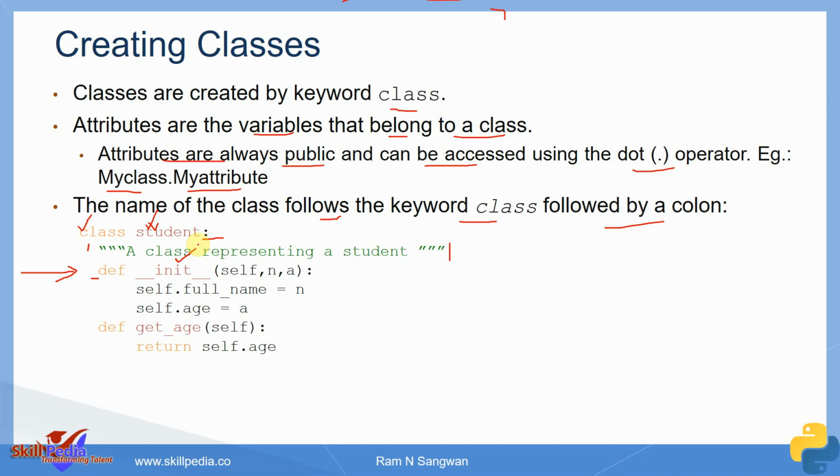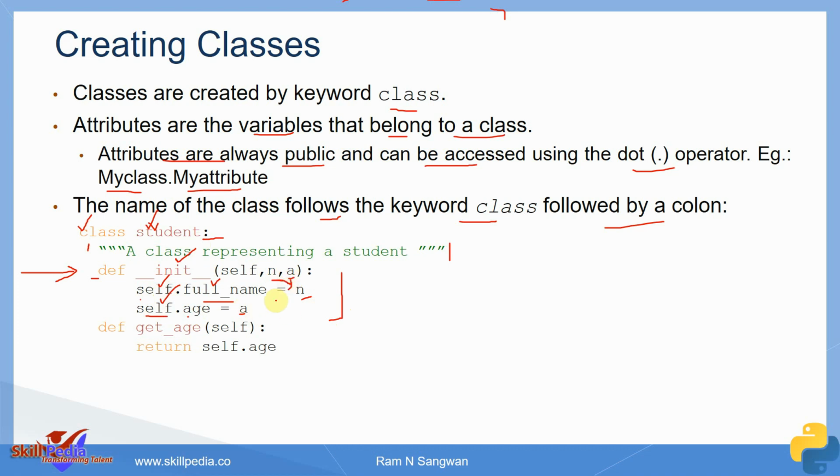So init, self and a: these are the two variables I am passing, n and a. Self dot full name equal to n, self dot age equal to a. So self dot full name means the initial two variables are defined. One is full name, second is age, and the initial values are passed by the calling program which is initializing.